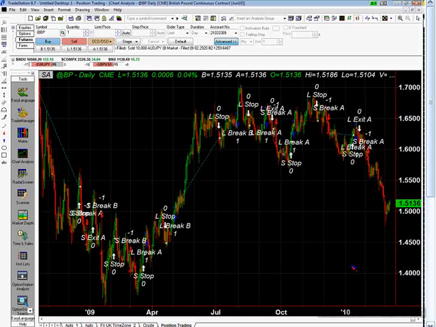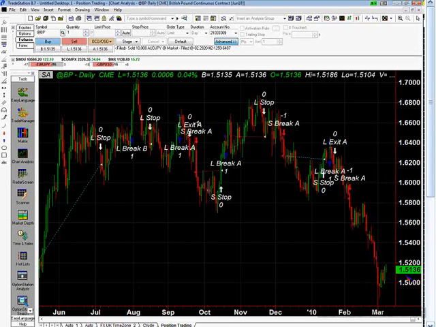And right now, we're short the pound from 158.42, and it's now at 151. So you're up about 700 to 800 pips on that trade.